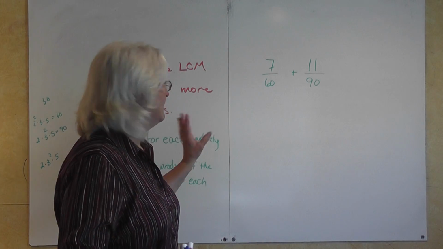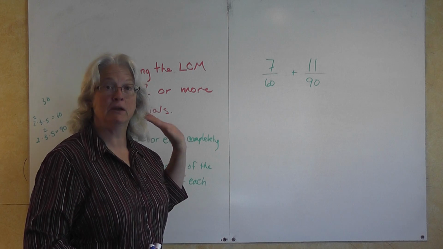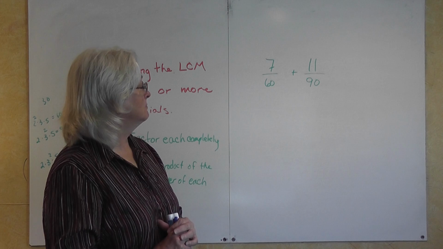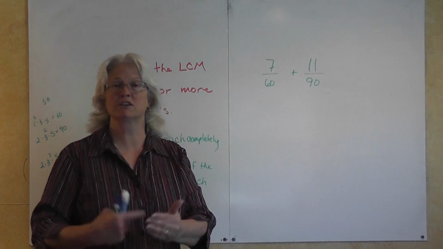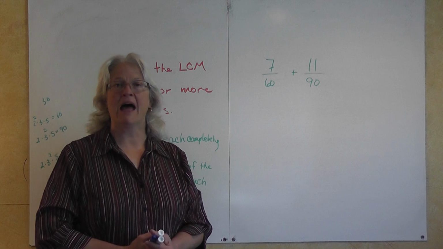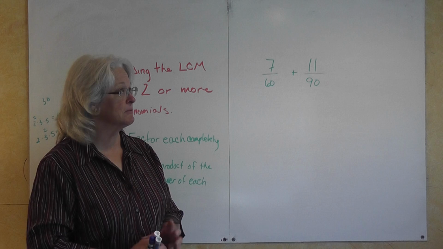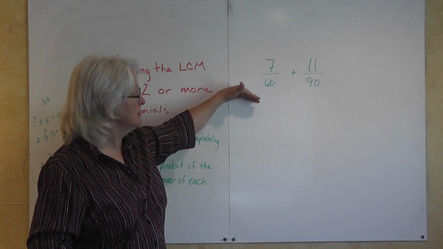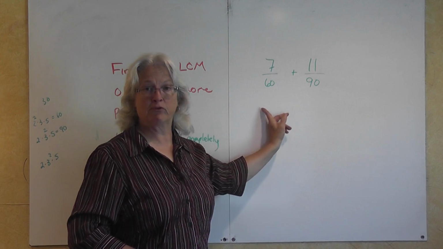You can see that I already have things written on the board today. We're going to ignore what's behind me to my left right now and just look at this addition of fractions problem that I have here. This is just to get us into how we add rational expressions together. We learned that these are rational numbers because they're written in the form a over b, a numerator and a denominator, and the denominator has to be different from 0.